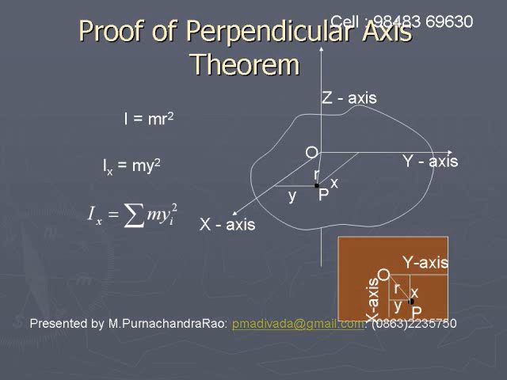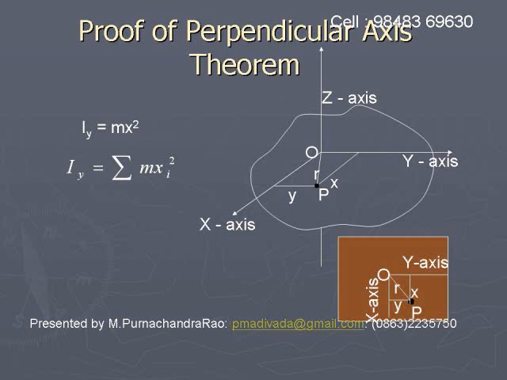So the moment of inertia about x-axis is Ix is equal to my square. And the total moment of inertia of the entire body about x-axis is given by sigma myi square. Then moment of inertia about y-axis is mx square, because perpendicular distance is x.